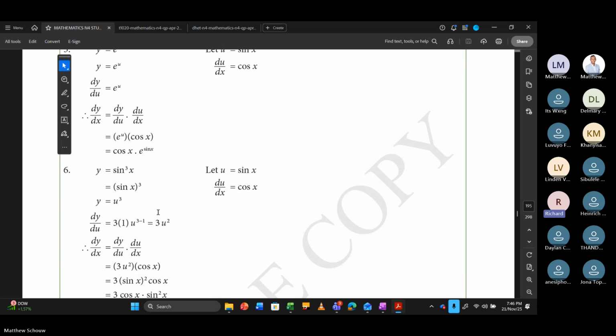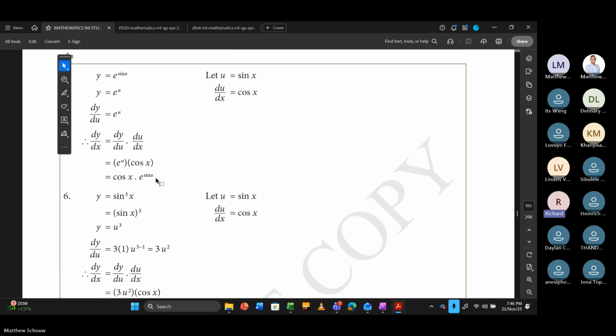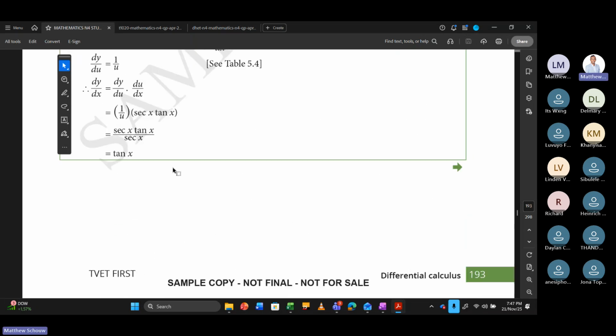Or if you write it in front of the e, is it the same? Same thing. Doesn't matter which one. But what if that cosine was negative? Negative cos x e^(sin x). Done. Finish. Nothing more, nothing less. Okay. So let's do another one.